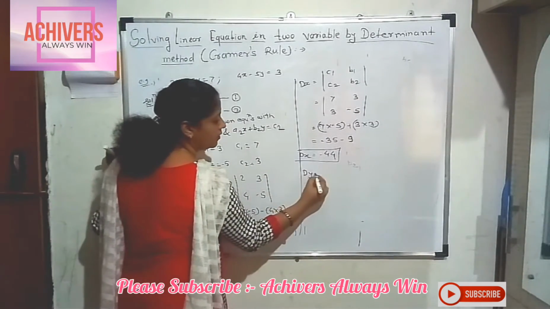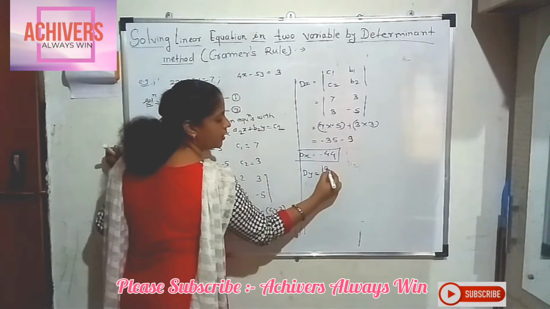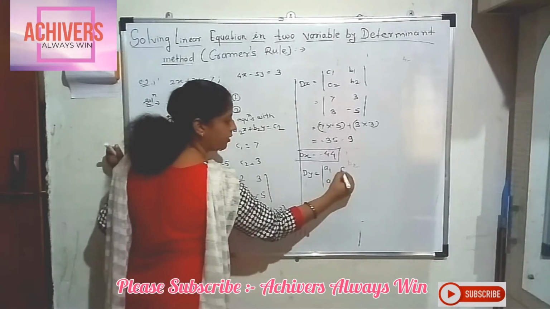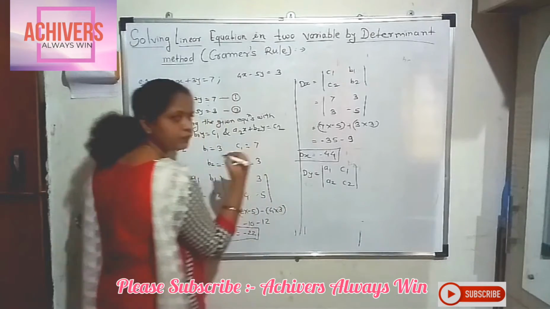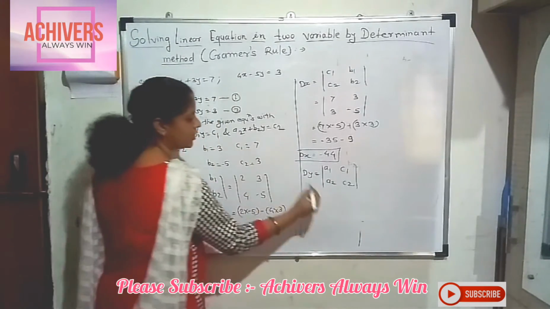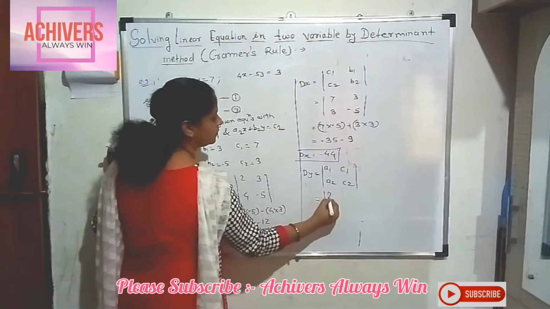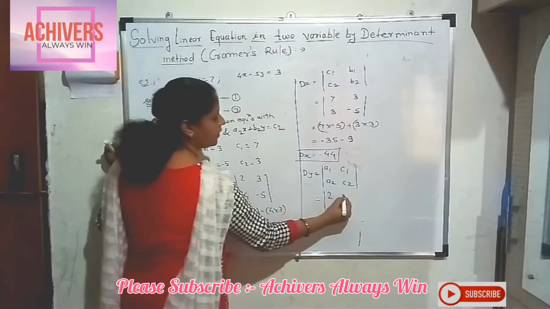Similarly, we calculate the value for dy. Use the formula. Determinant, here A1, A2. And which elements do we replace in the determinant? B. Replace with C1, C2 for B1 and B2: A1, A2 is 2, 4. C1, C2 is 7, 3.